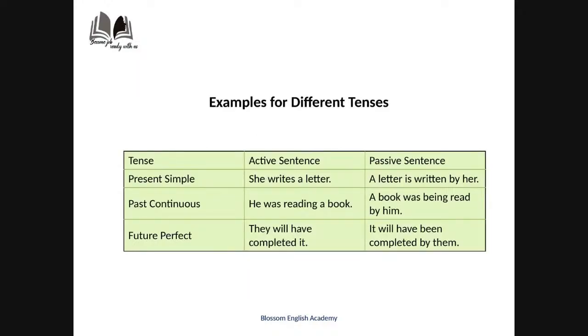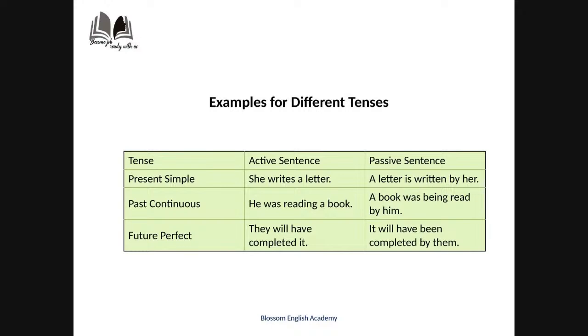You can see some examples over here. So look at the first sentence. She writes a letter. Okay. What tense is it in? It is in simple present tense, right? She writes a letter. So when we are converting this into the passive voice, writes means it is in simple present.